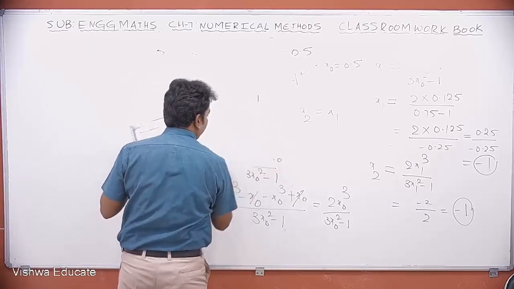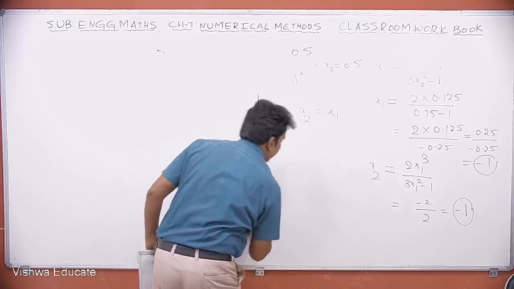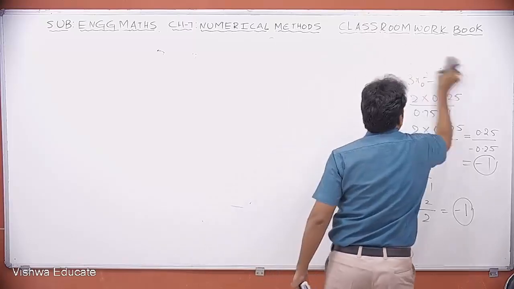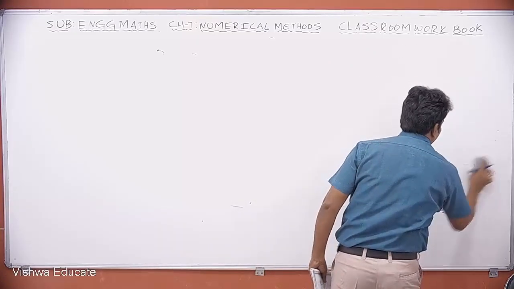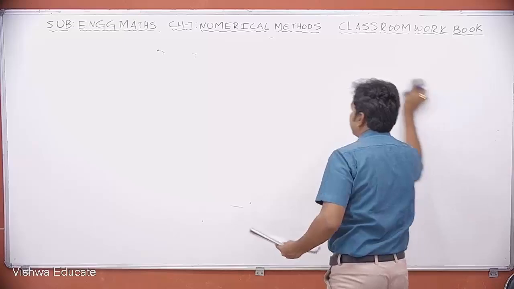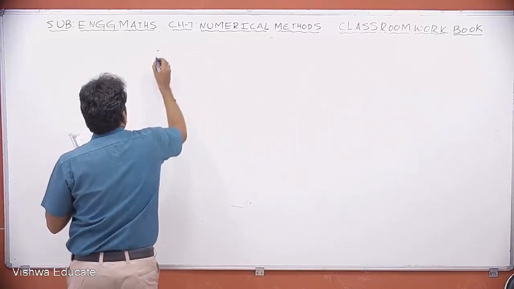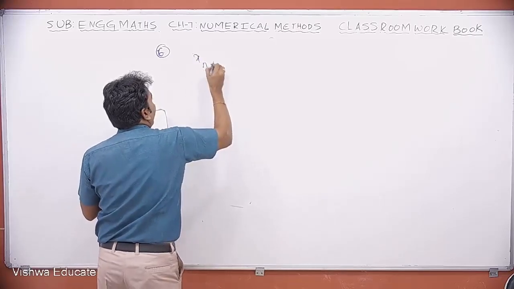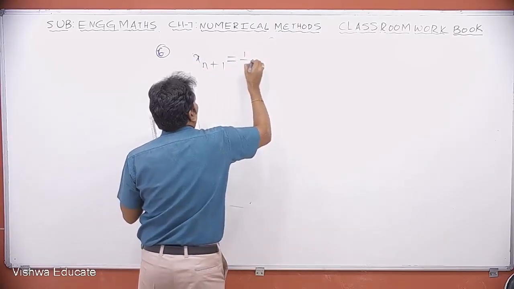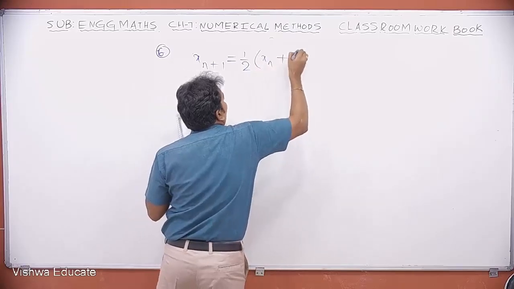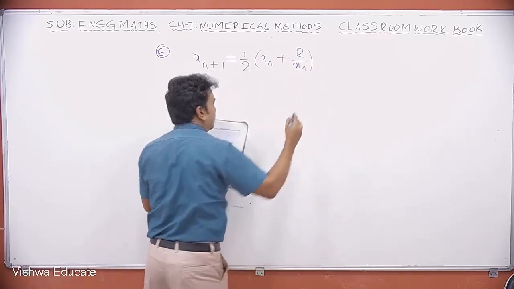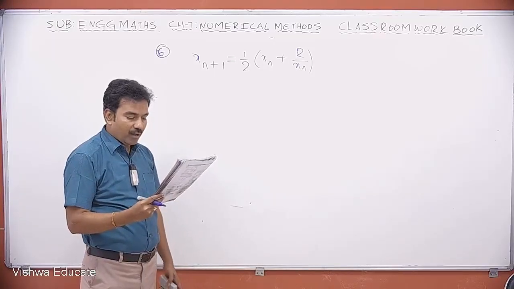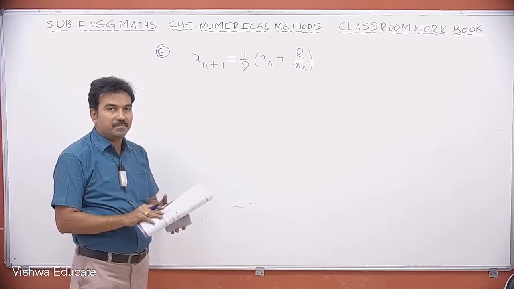In question number 6. The Newton-Raphson iteration xn plus 1 equal to half into xn plus r divided by xn can be used to compute square of r, reciprocal of r, square root of r, logarithm of r.